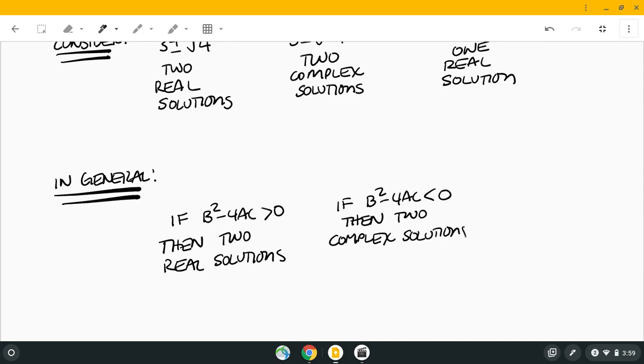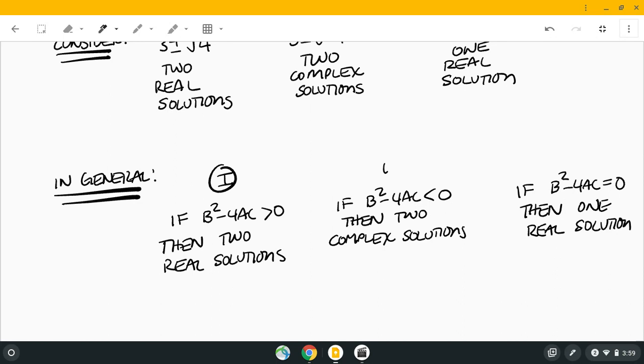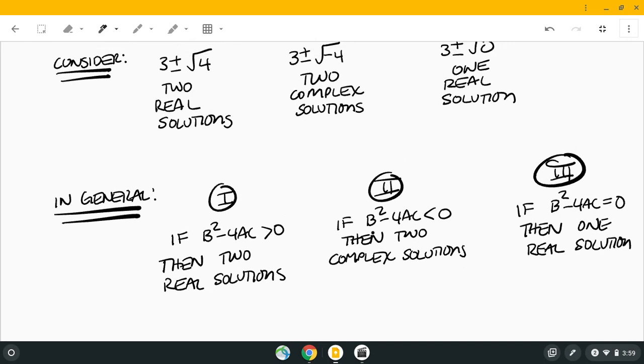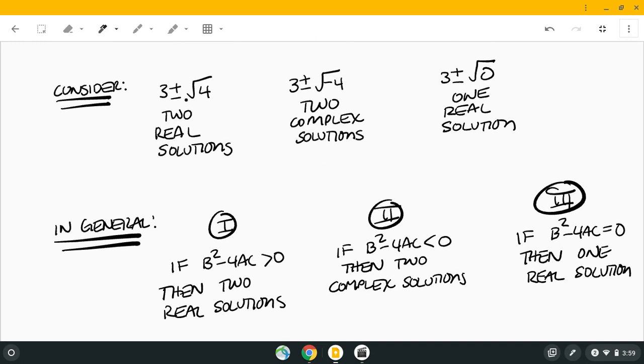That's when you have the imaginaries. And if b squared minus 4ac equals 0, then you get only 1 real solution. So this is case 1, this is case 2, and this is your third case. These rules match up with this up here.